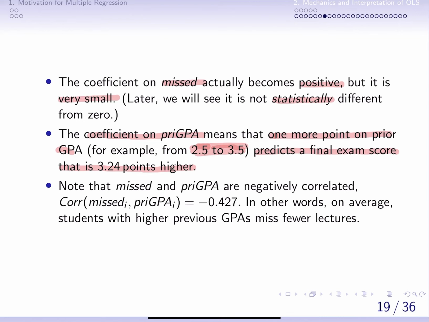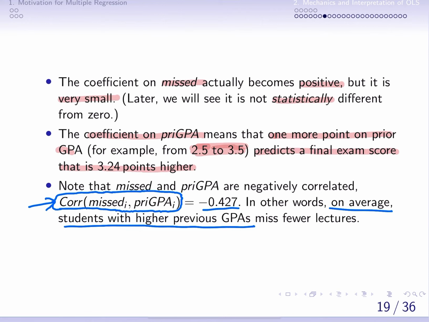And so you might be wondering, well, why did this happen, right? Why is this estimate now turned positive? If you try to look at the correlation between these two variables, prior GPA and missed lectures, that correlation is actually negative, right? Which means that on average, students with higher previous GPAs miss fewer lectures, right?